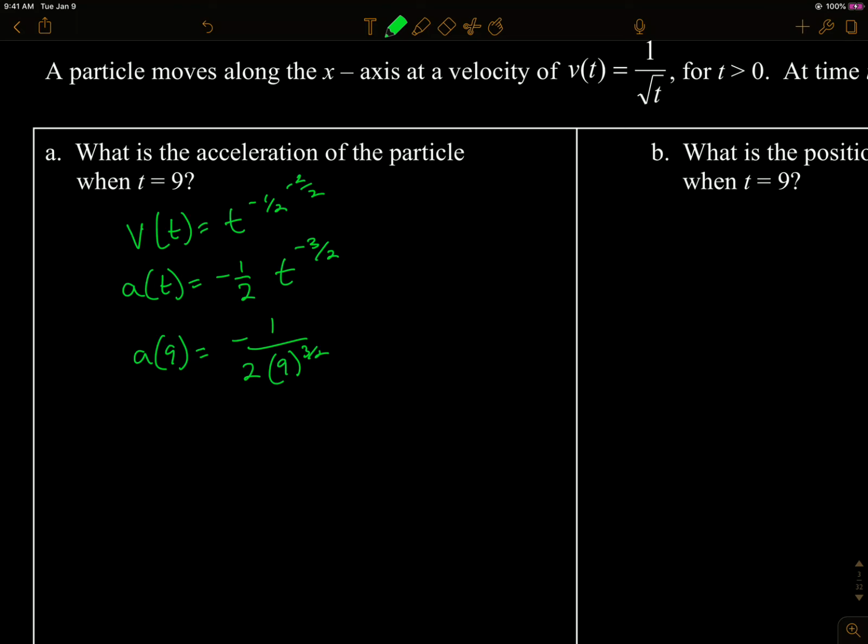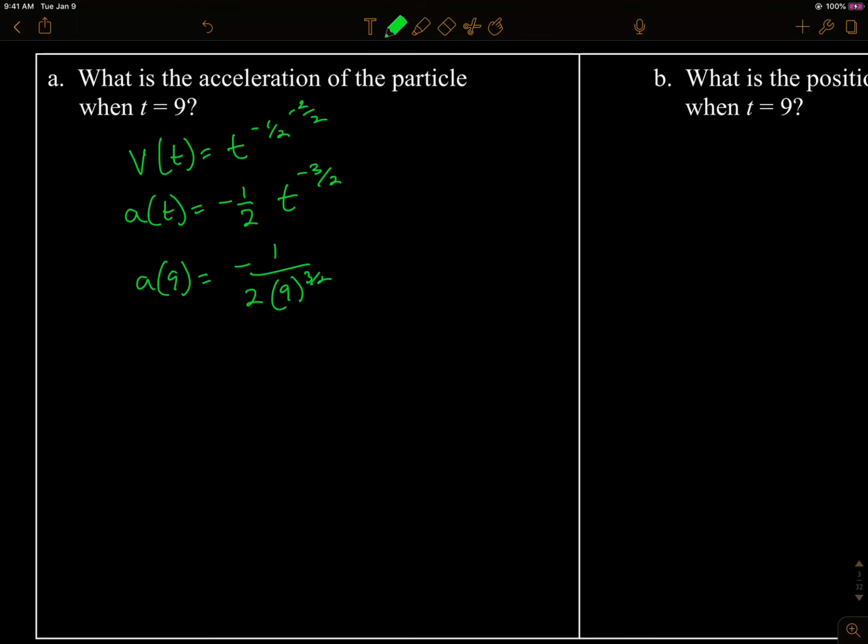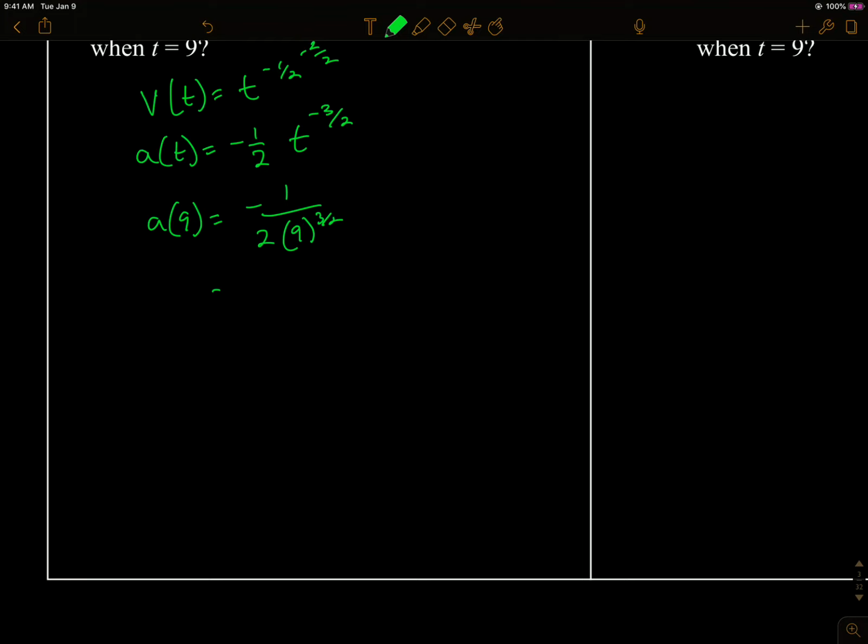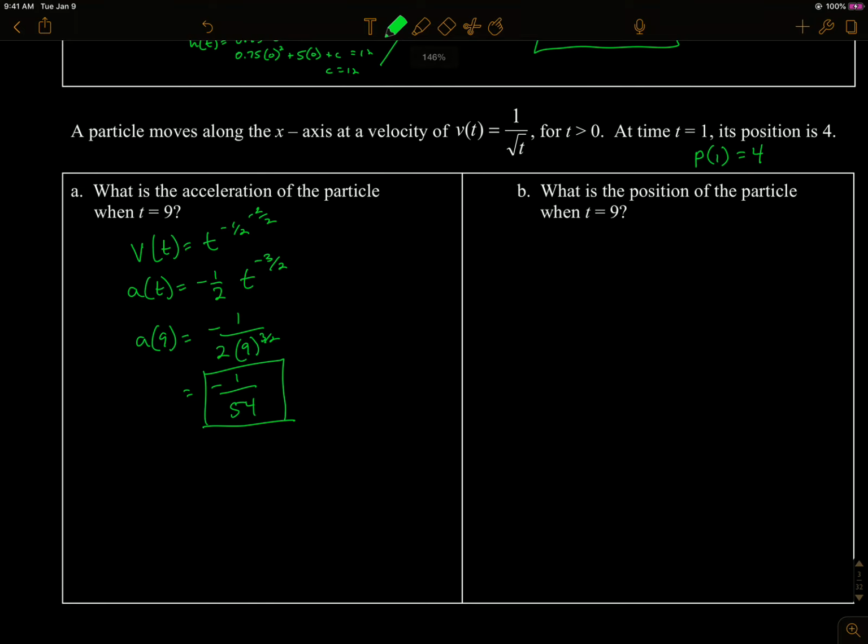So 9 to the 3/2 is, well, the square root of 9 is 3. Then 3 cubed is what? 27. So it becomes negative 1 over 2 times 27, negative 1 over 54. That would be the acceleration of the particle when t equals 9.